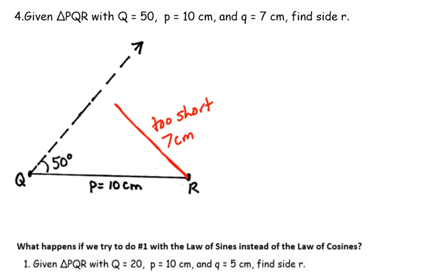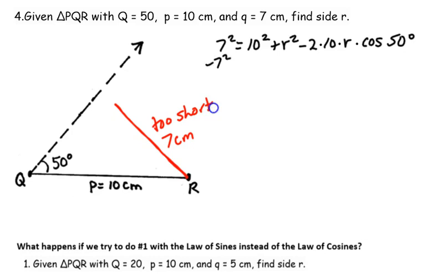Okay? So let's see what happens if I try to solve this triangle using the law of cosines and the quadratic formula. So now I have my q squared is 7. So I have 7 squared equals p squared. I'm back to 10 for p. 10 squared plus r squared minus 2 times 10 times r times cosine of 50 this time. So going through our same process, this would be minus 7 squared, minus 49.